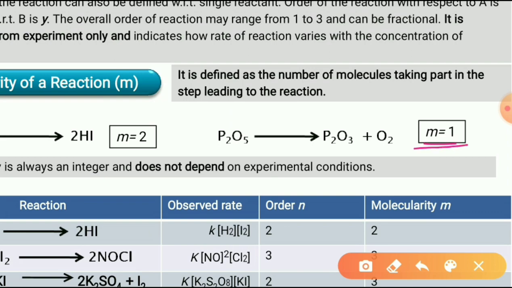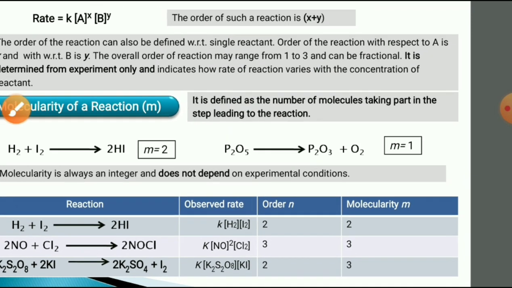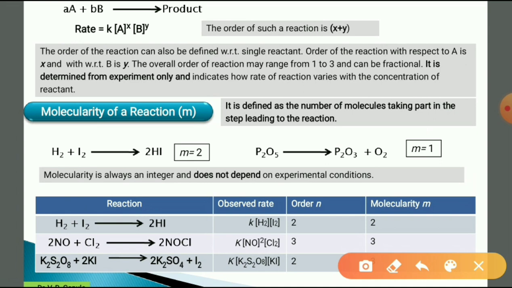So the first reaction has molecularity 2, it is bimolecular, and this P2O5 decomposition is unimolecular. The molecularity is always an integer, and it does not depend upon the experimental conditions.